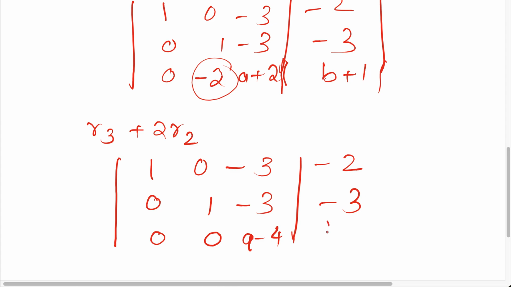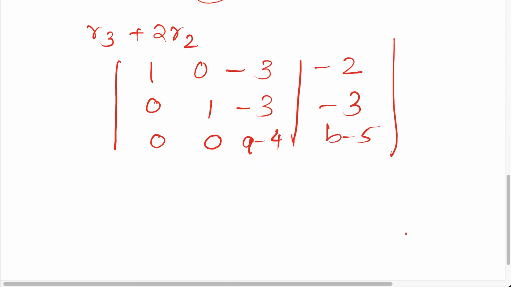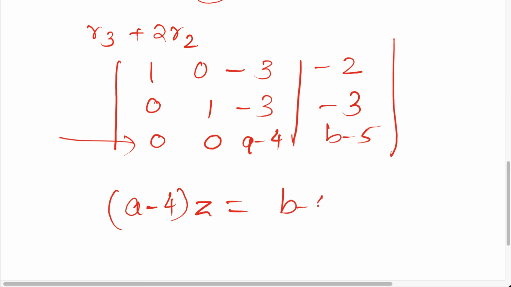So what have I achieved by doing this? Can you realize that the third equation has one unknown? So a minus 4 times z is equal to b minus 5.